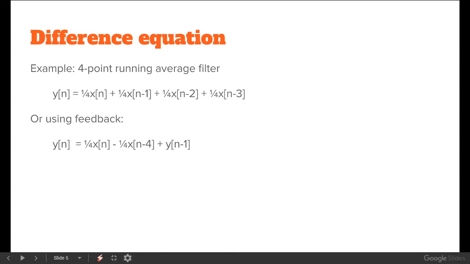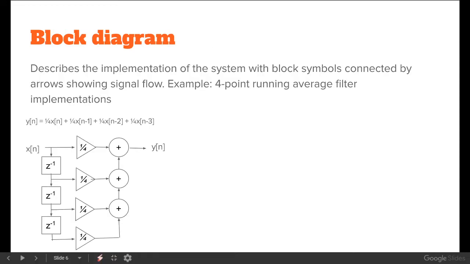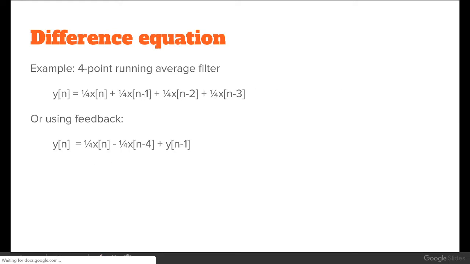So 99 additions, and then the scaling, compared to only 2 additions with the same scaling. So which one is more cost efficient? Well, of course, using feedback. Okay.